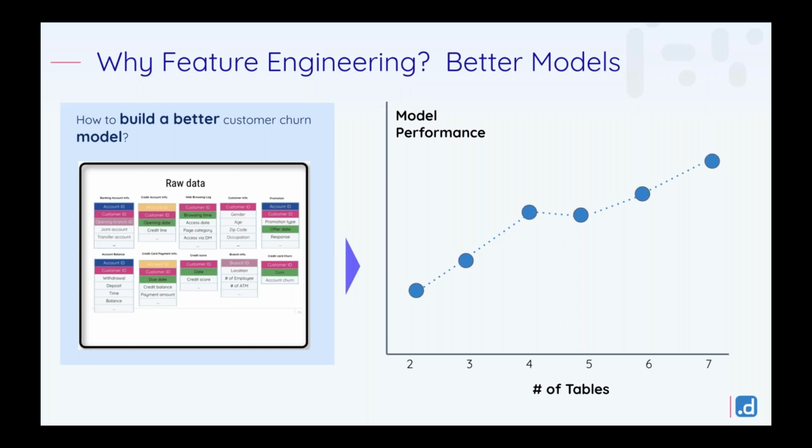Like in this particular problem, as I explained, if we only use customers' demographic information, there's only so much predictability that we are talking about, compared to when we start to introduce the customers' credit card usage information, bank account information, and credit score information. There's just a lot more information that we can use, all of which will help us construct a better model. And that is why feature engineering is important.